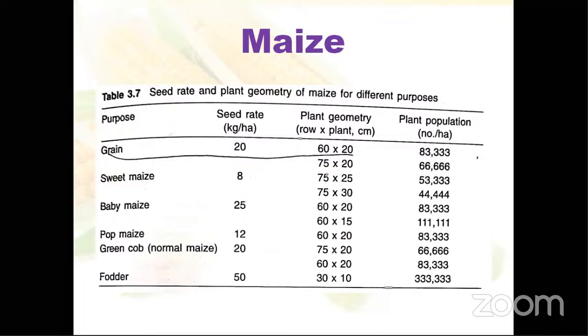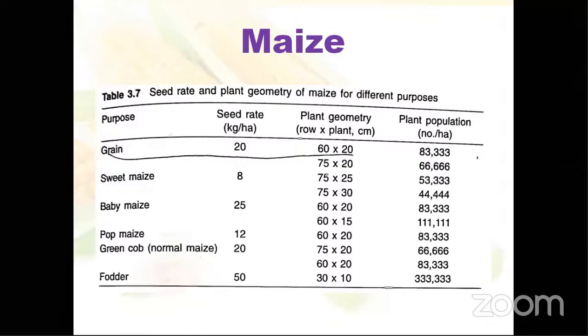If you sow 20 kg of seeds with 16 to 20 centimeters plant geometry or spacing, approximately 83,333 plants will be there, that is the number of plants per hectare.